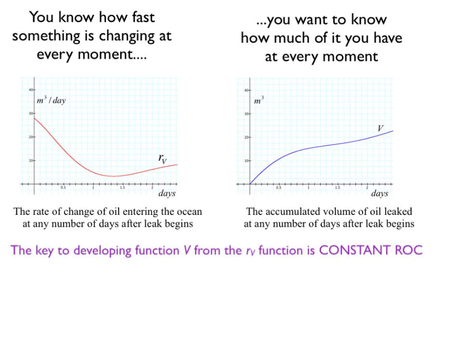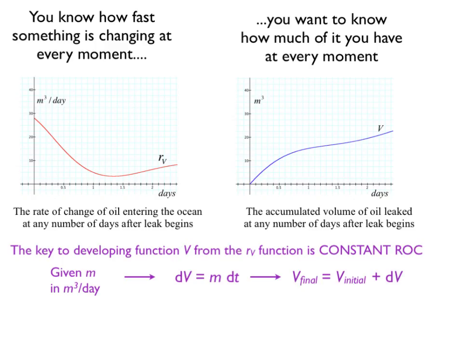And then we saw that the key to getting accumulation from rate is constant rate of change, right? Because given a rate, we can calculate a little bit of accumulation as long as that rate is constant. Remember that? As long as that rate m is constant, then we can say a little change in volume is m times whatever little change in time we have.